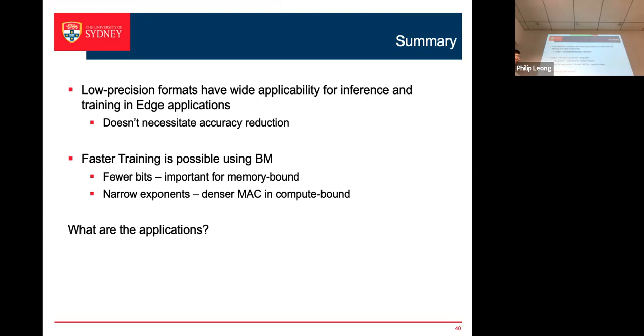You can use fewer bits and store fewer bits, which is important for memory bound problems. And narrow exponents and denser math mean that for compute bound problems, it can be more efficient. So I guess we think this is a really good solution for something, but we haven't been able to identify exactly what the really nice applications of this type of technology are. Thank you very much.